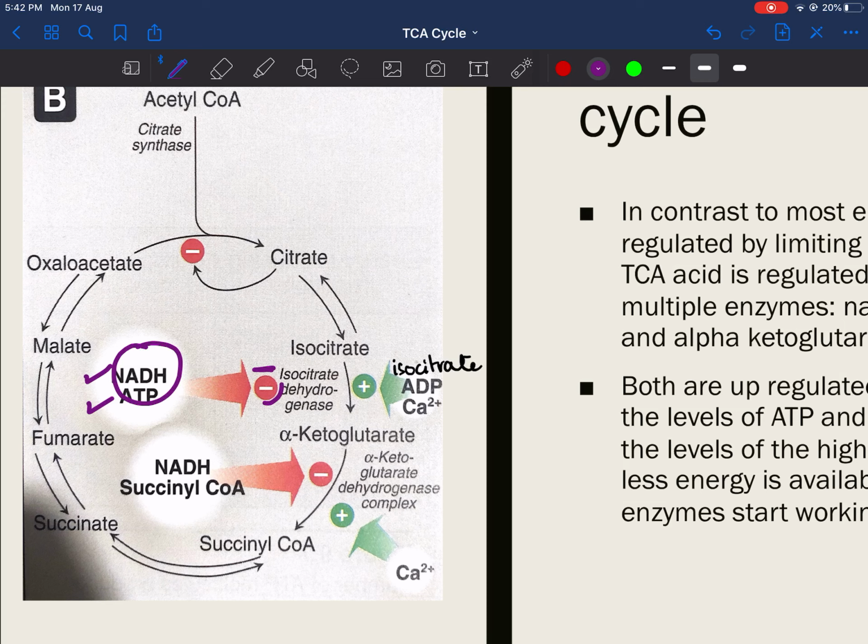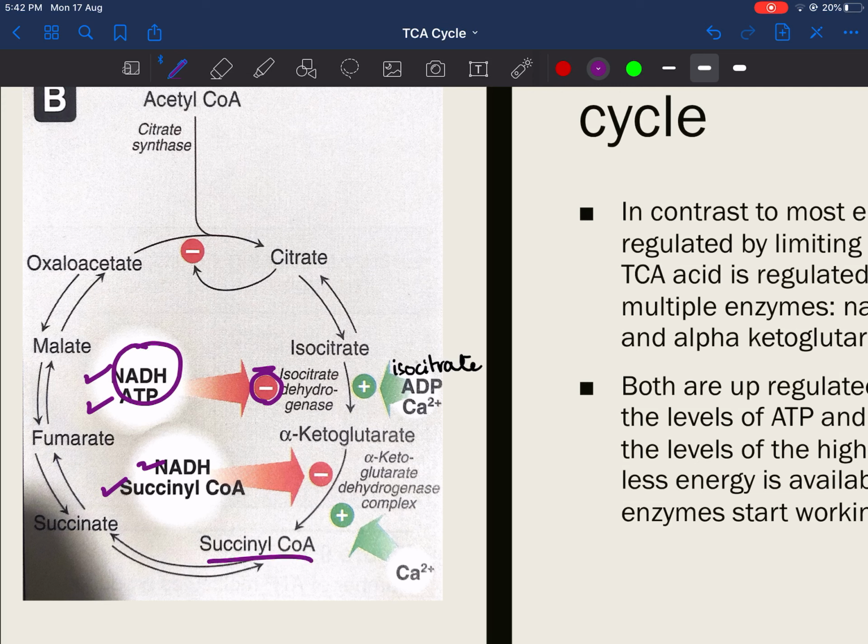When you're inhibiting it, you're slowing down the Krebs cycle and thus producing less energy overall, because the Krebs cycle is now slower. Again, alpha-ketoglutarate dehydrogenase is also inhibited by NADH, but also by a buildup of succinyl-CoA.